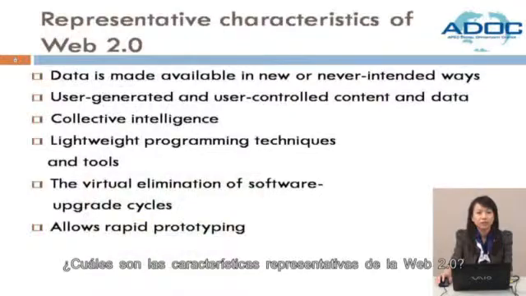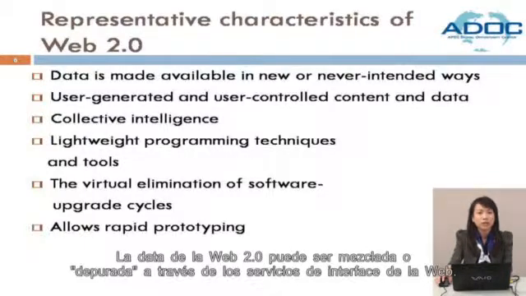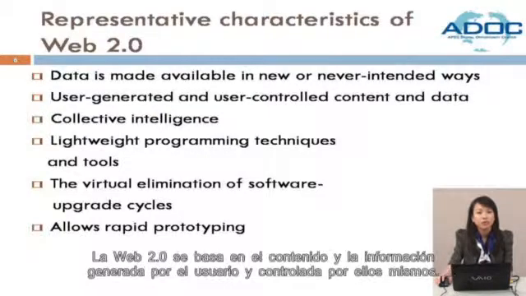What are the representative characteristics of Web 2.0? Data is made available in new and unintended ways. Web 2.0 data can be remixed or mashed up through web services interfaces. Web 2.0 relies on user-generated and user-controlled content and data.